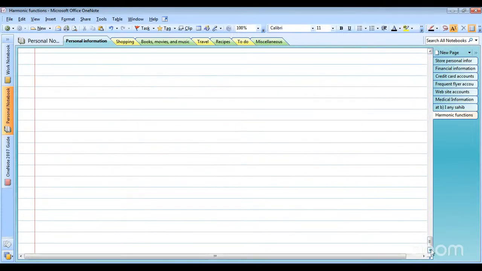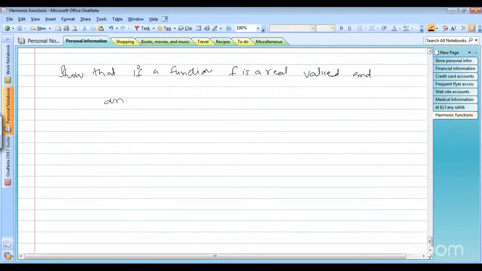Another problem we have to learn here: if f is a real-valued analytic function on a region, then it is constant.